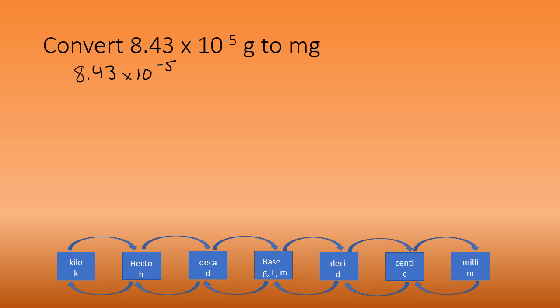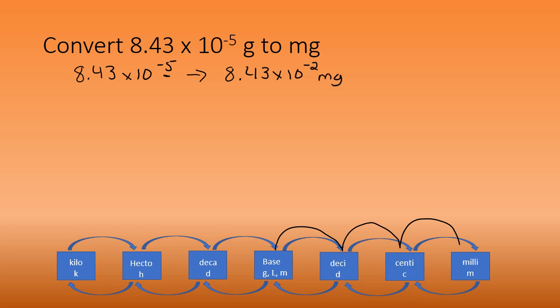And if we went from grams to milligrams, that is 3 decimal places to the right, which will actually increase this number by 3, and that would become 8.43 times 10 to the negative 2 milligrams.